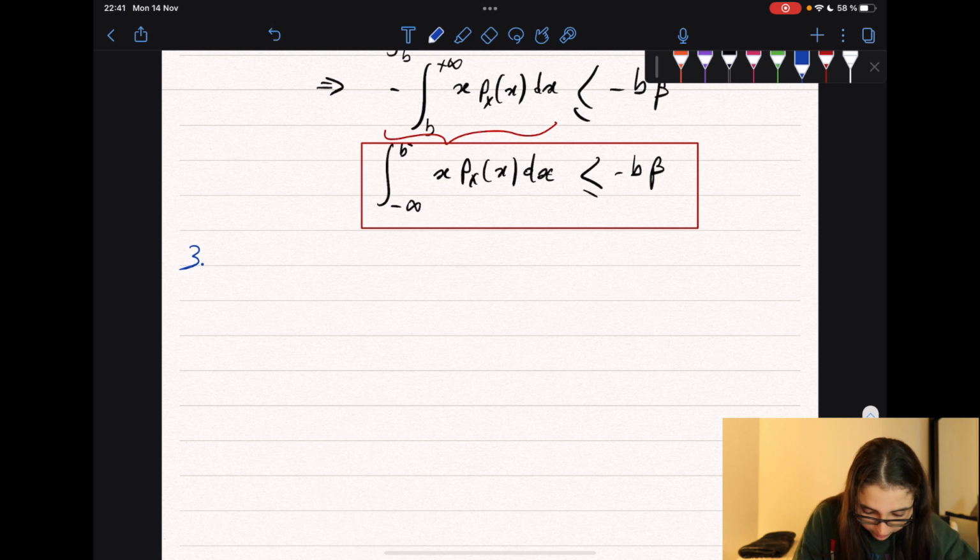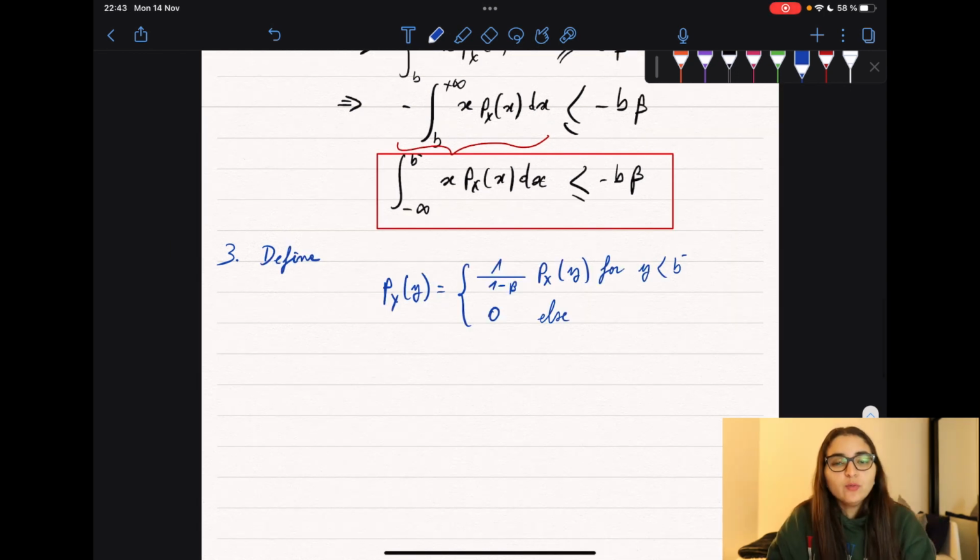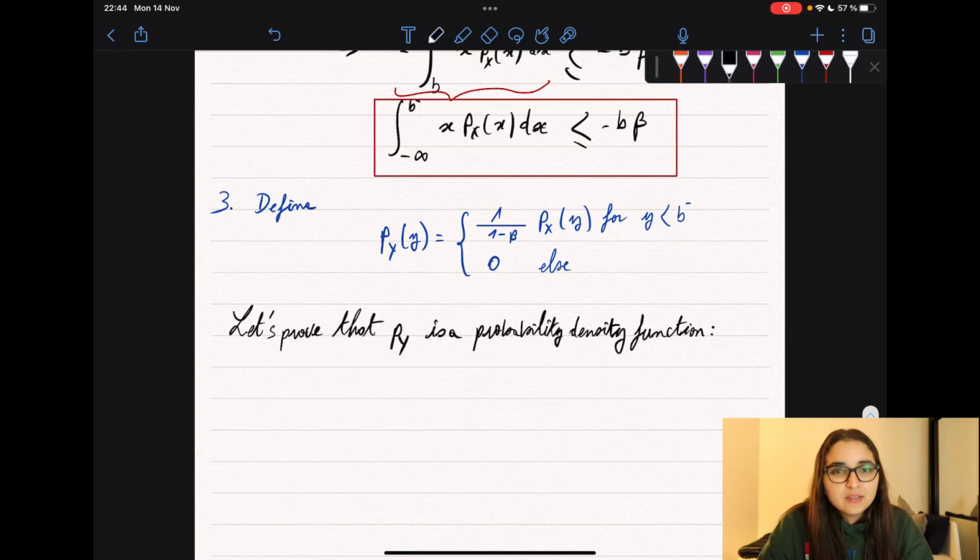So step number 3, and we're just going to define it here. Now, what we need to do is use what we have just proven in the previous part to show that py of y is actually also a probability density function. What does it mean to be a probability density function?